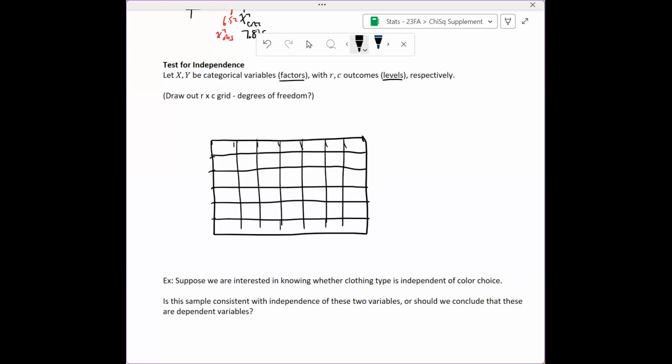I have to be careful about my letters. The X variable has our outcomes, or there are R rows here. So this would be outcome X1, X2, X3, X4, X5, X6, whatever it is that we're measuring, whatever we're interested in for the variable X. So this might be what color shirt somebody's wearing or something like that.